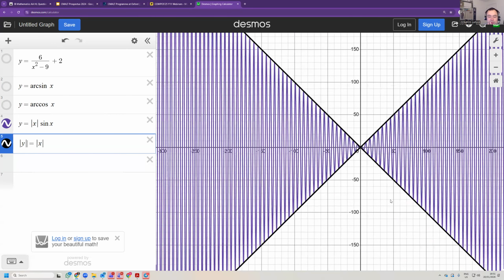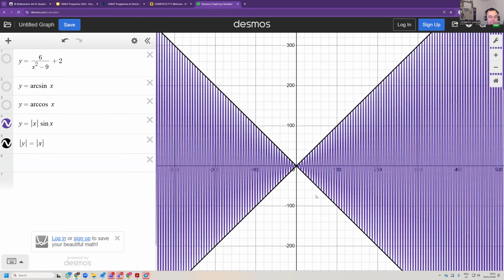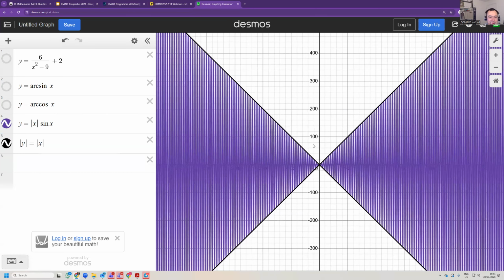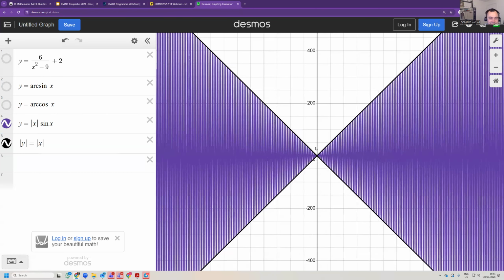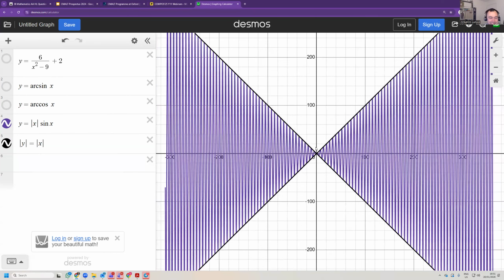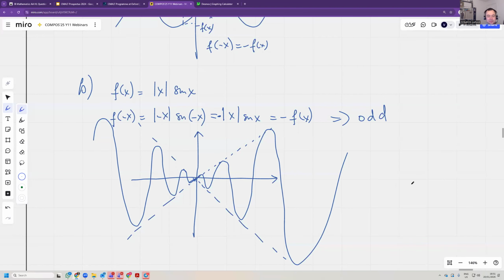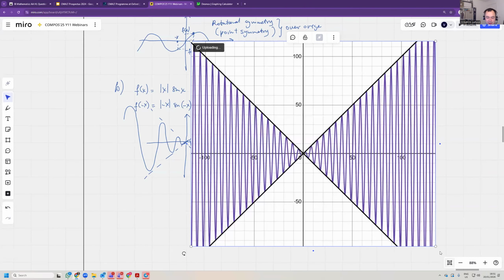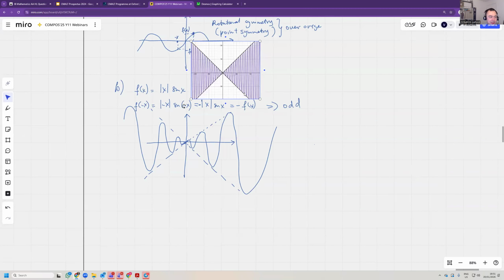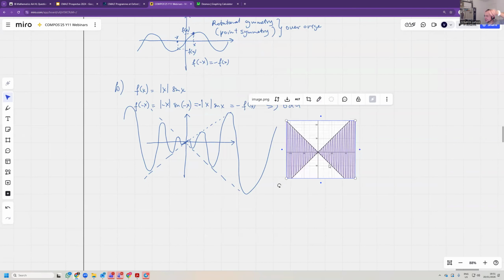Hey, you can see it's a beautiful graph. Okay. So modulus x is like the amplitude of the sine. So the sine gets stretched, but the further you go, the more it gets stretched.